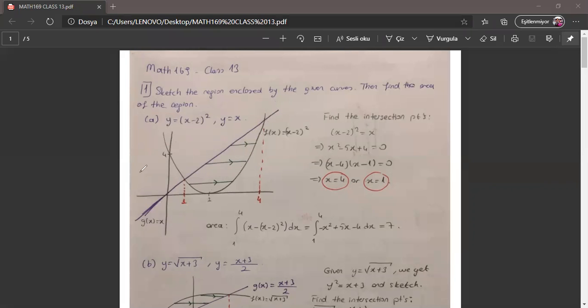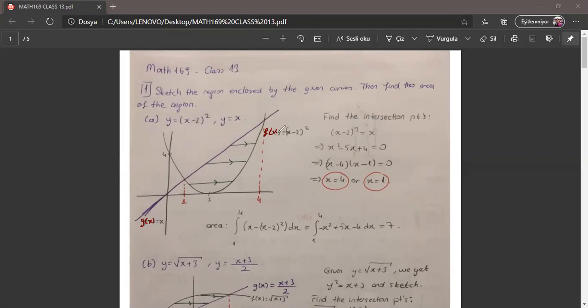If you have any trouble with sketching these graphs, you can go back to the first worksheets, I guess. I don't know the number, but you should know them. So this line y equals x is here. Okay, now we have two lines. One of them is called f, one curve and one line, and the other one is g of x.